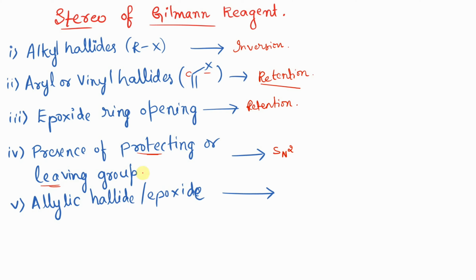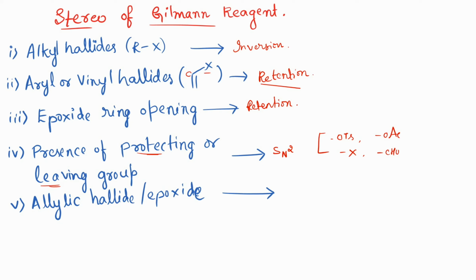For example, a tosylate group, OAc, halogens as leaving groups, or other nucleophilic leaving groups are removed from the compound in such a way that it follows the SN2 mechanism. That is, the Gilman reagent attacks the substrate from the direction opposite to where the leaving group is attached. We'll learn more using certain examples.